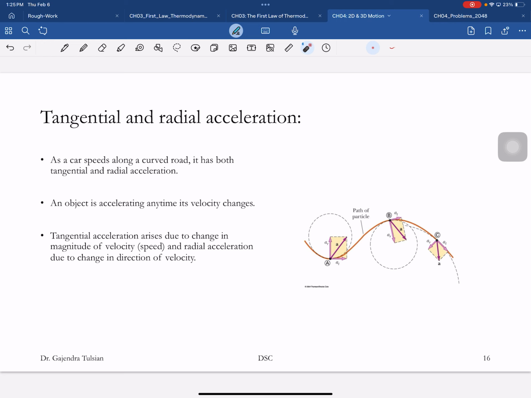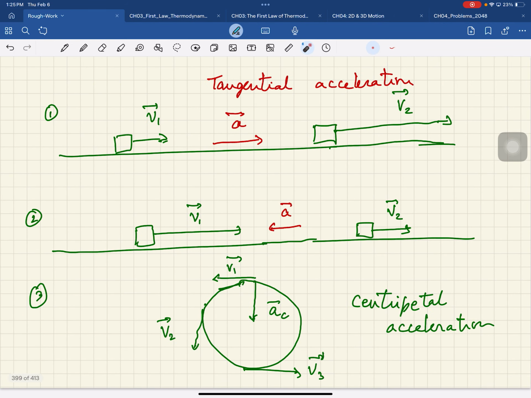Try and remember that. When the speed changes, acceleration is tangential to the trajectory. When the direction changes, acceleration is perpendicular to the trajectory, pointing towards the center of the circle.